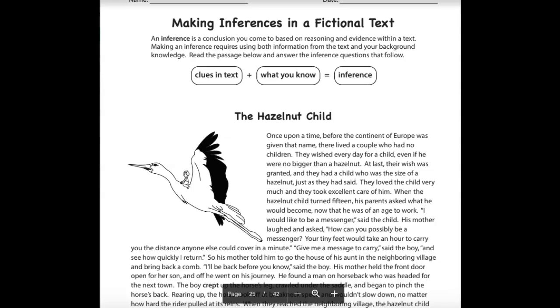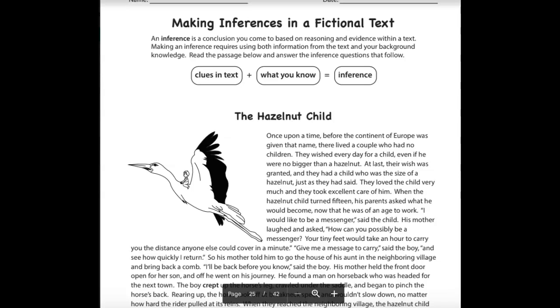Remember the example we gave in class? I said, what if you saw a picture of a kite up in the sky? And then I said to you, what kind of day is it? So there would be your clues in the text. You see the kite up in the sky, and then what you know, well, you know that a kite can only fly when it's windy.